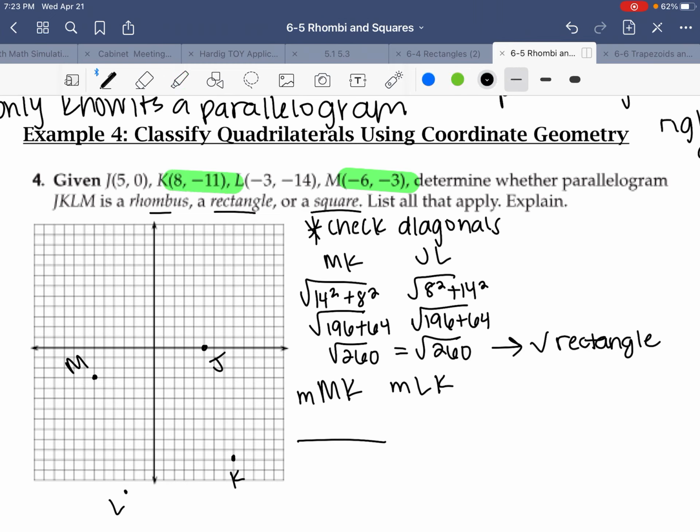So y2 minus y1 becomes -3 minus a -11, or positive 8 actually, over -6 minus 8. So we get a positive 8 over a -14, which simplifies to -4 over 7. So now we need to find LK.